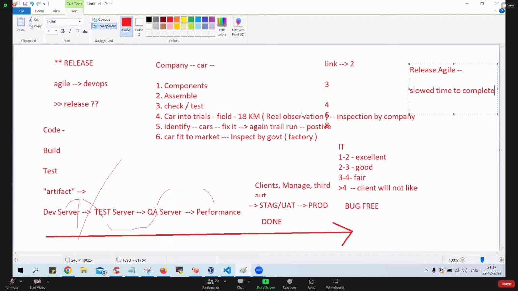A lot of guys started complaining because suddenly you put up a lot of layers, right? Earlier we were happy to just check the product and push it to the market. But with the release cycle in between, what happened now? In every stage, we need to check the product and make sure that it is working and then push it on. So the release chain has somewhat slowed down the production.